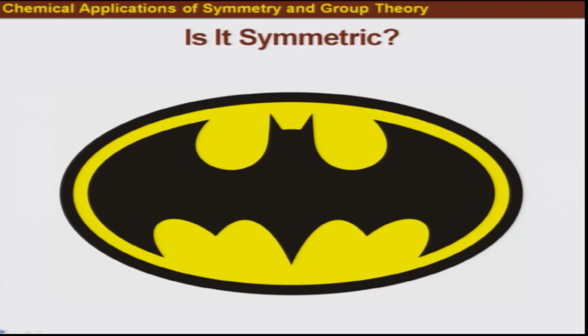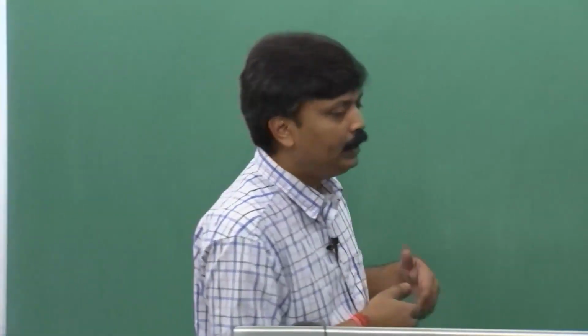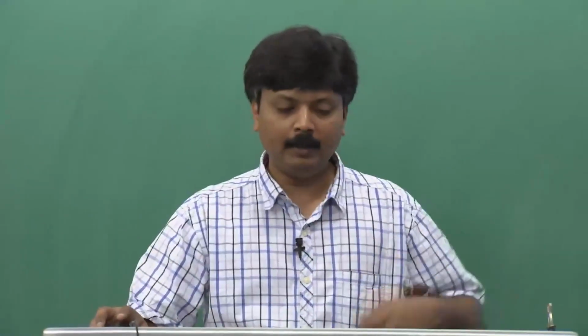Because if you look at the right side part and the left side part of this object about this line, then you can say that those two halves are a mirror image of each other. So you can say this is a symmetric object.